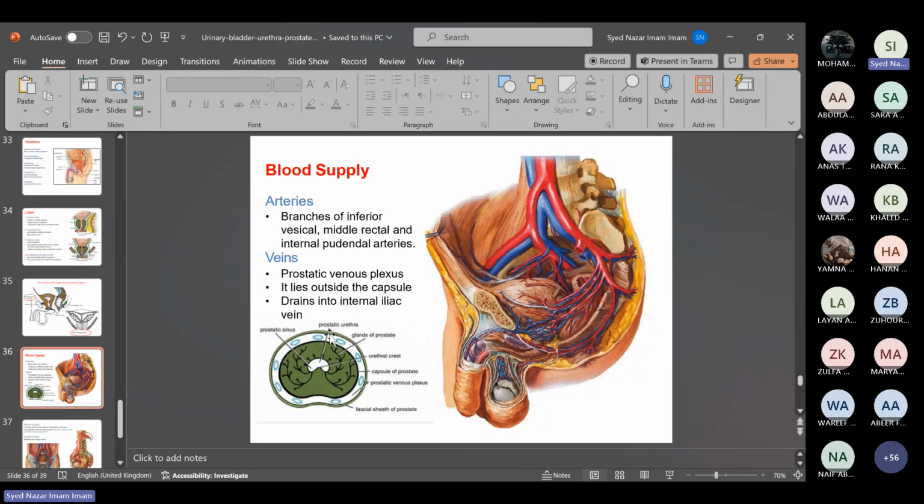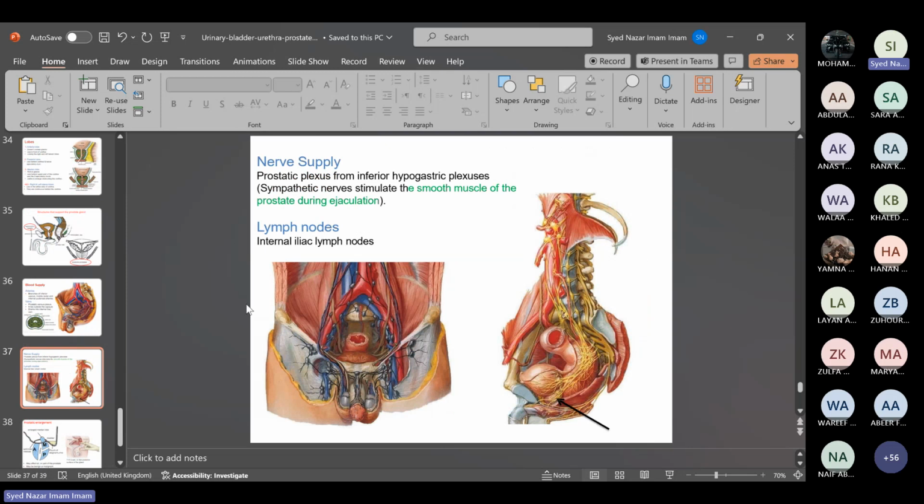We have two capsules, the true capsule and the false capsule, and in between these two lies the prostatic venous plexus. It drains here and then goes to the vertebral venous plexus. What nerve do we have? Again sympathetic. And the lymph nodes are the internal iliac lymph nodes.